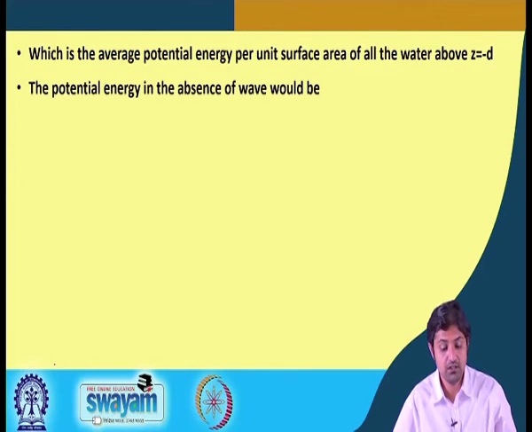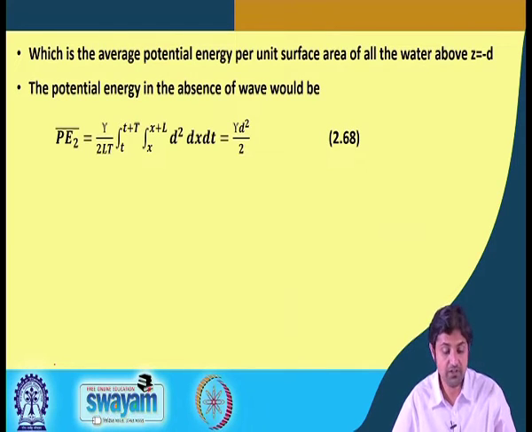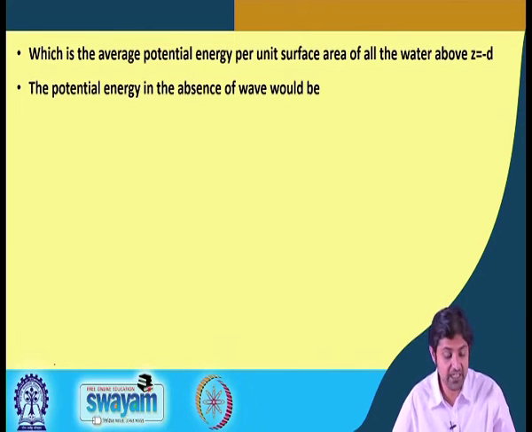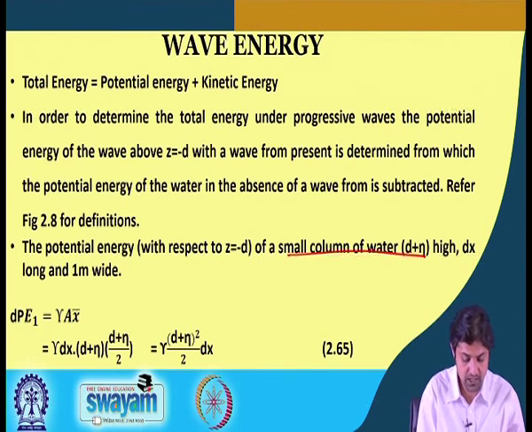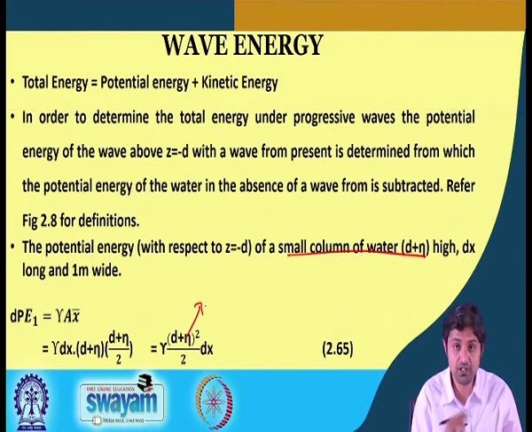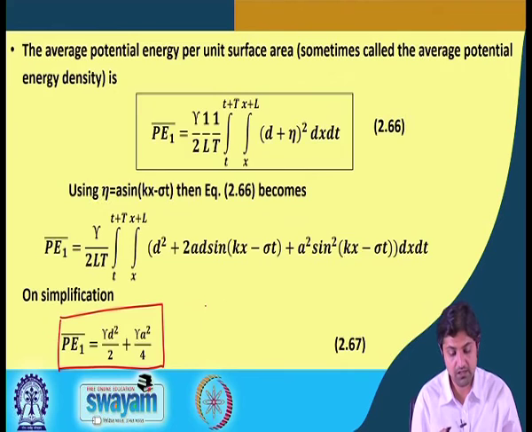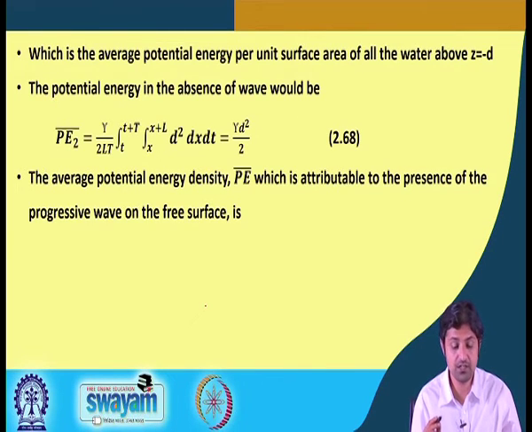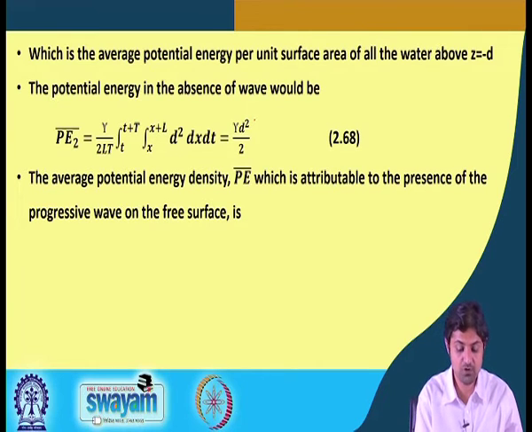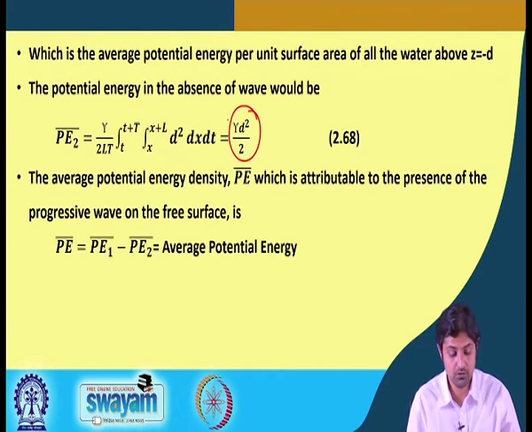Now, we should also calculate the potential energy in absence of the wave. When the wave is not there, there will be no eta in this term. You see there was eta here, right. So, now this won't be there when there is no wave, and we do the same procedure for finding the total potential energy. This comes to be gamma d square by 2.